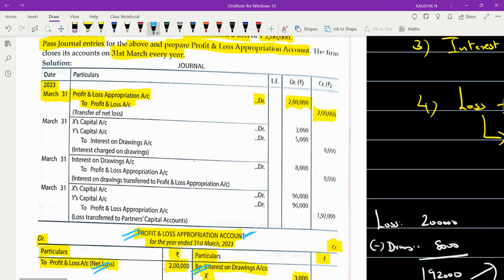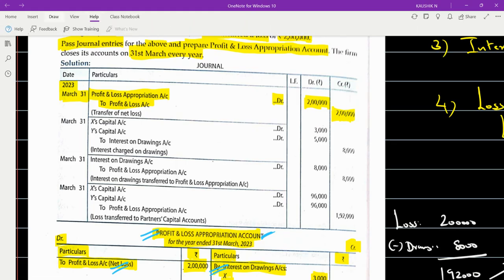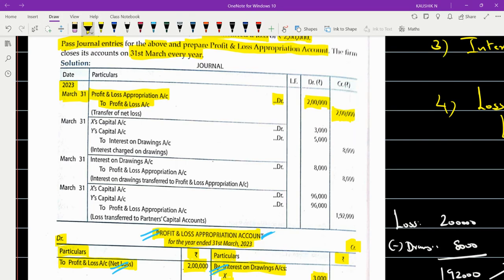Now you can just see the entry, March 31st. Interest on drawings account is debited to profit and loss appropriation account. The interest of 8,000 has been transferred. Any doubt in this entry?